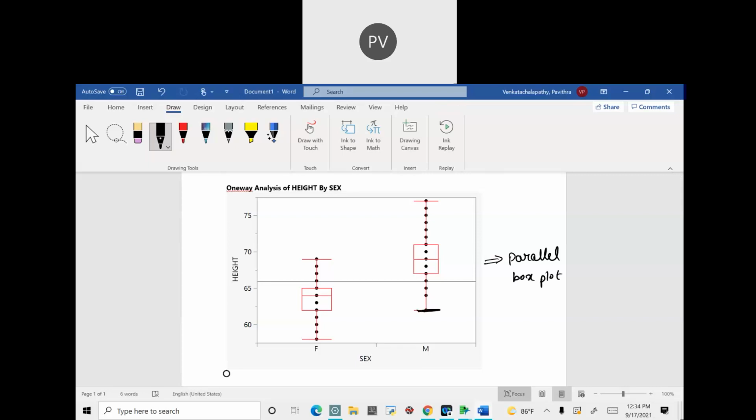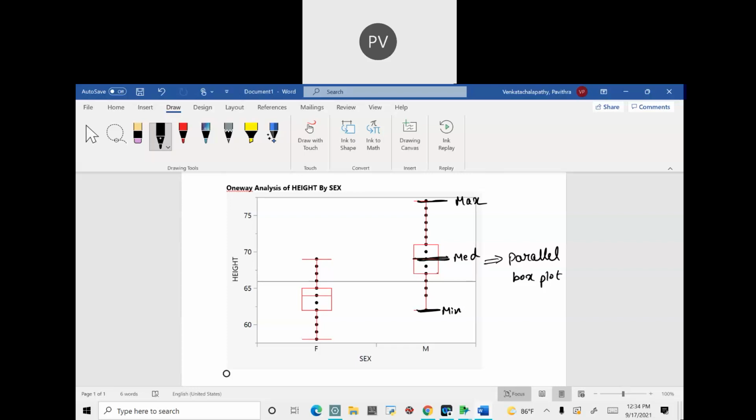So the first line is your minimum and the last line is your maximum. Now this is like 100%. So the middle value will be your median, right?